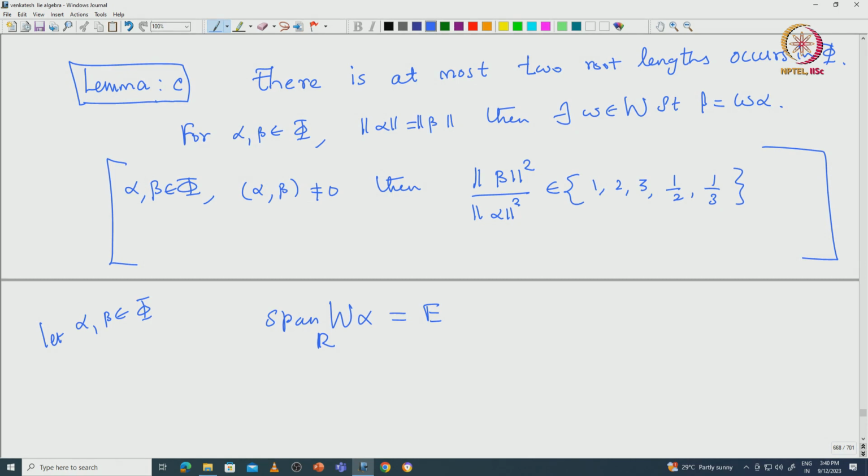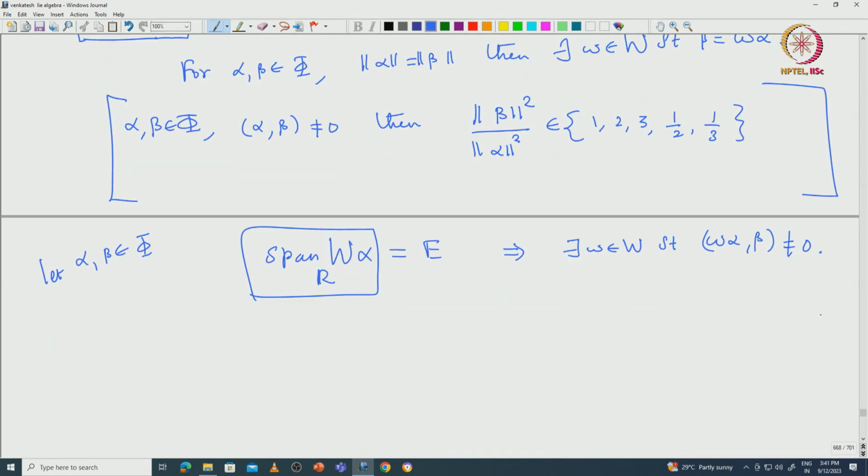So, that means if I take alpha and look at the W orbit of alpha, that must span capital E, because this space is W invariant. Then that forces that there exists w in W such that the inner product of w alpha and beta must be non-zero. If it is 0 for all W conjugates of alpha, then that would imply that beta is inside the perpendicular of E, but the perpendicular of E is 0.